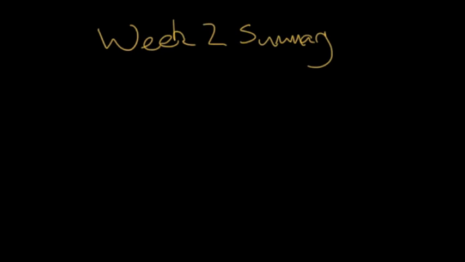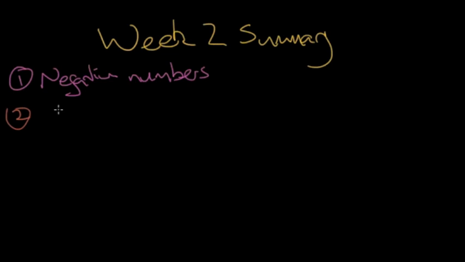So, number 1, just wait for the computer to catch up. Number 1 is negative numbers. I'll try to write neatly for you. Number 2 is using arrays to multiply.